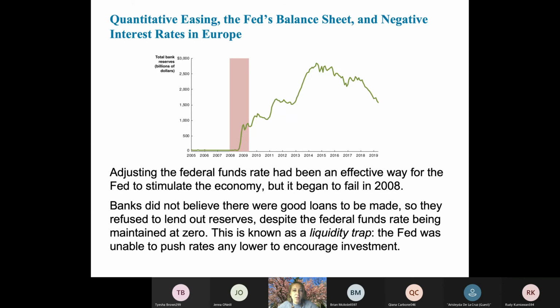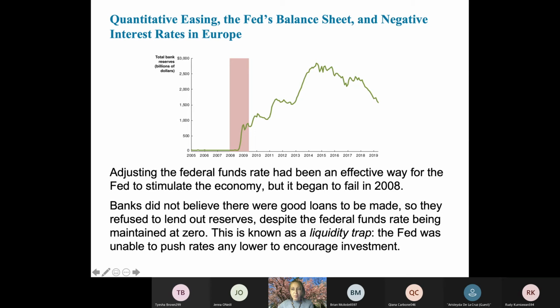Okay, so some of the policies that took place during the last recession is what's called quantitative easing. The federal funds rates were already very low, and yet the banks were still in trouble and not lending money, not able to find good borrowers, so being more careful after years of lending subprime mortgages, right?